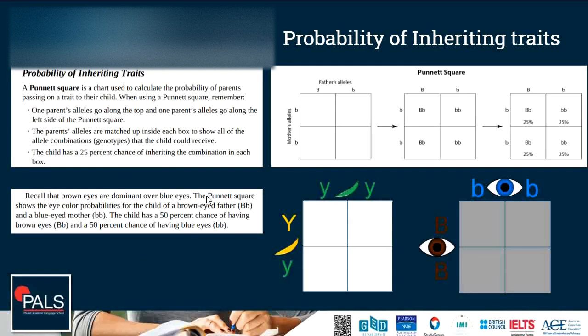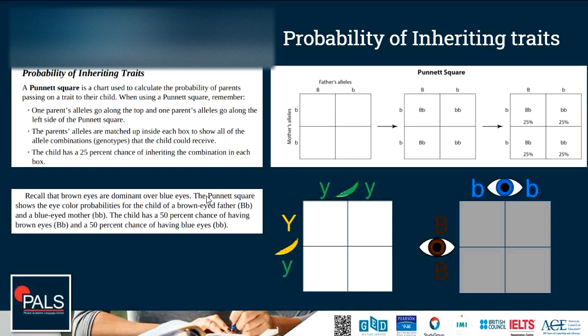The probability of inheriting traits, another skill that is really important for the GED science test, is being able to work with and construct Punnett squares. A Punnett square is a chart used to calculate the probability of parents passing on a trait to their children and the probability of the different possible outcomes.